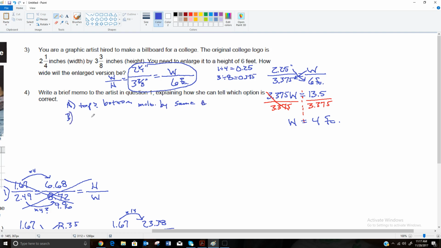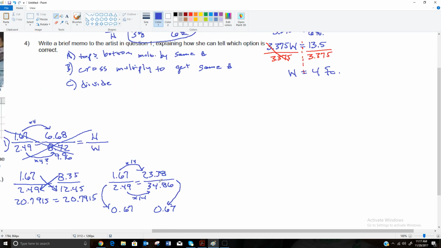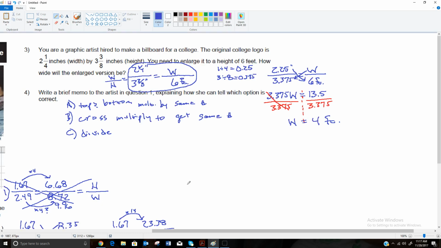Or you can check with cross multiplication to see if you get the same number. Or you can divide each to see if you get the same number. So remember down here we divided 1.67 by 2.49 and then 23.38 divided by 34.86 to see if we got the same number. So you could divide to see if you get the same number.